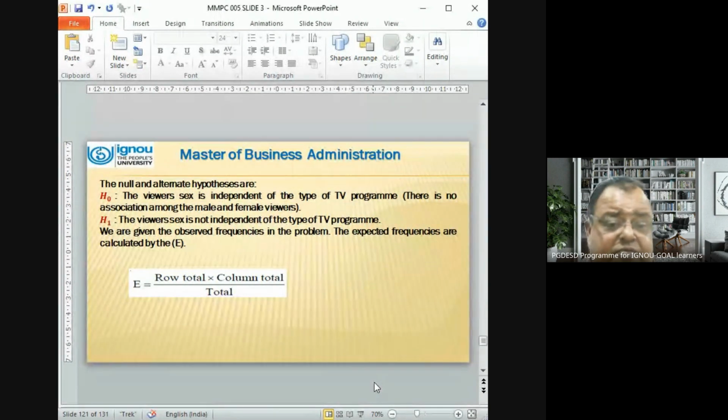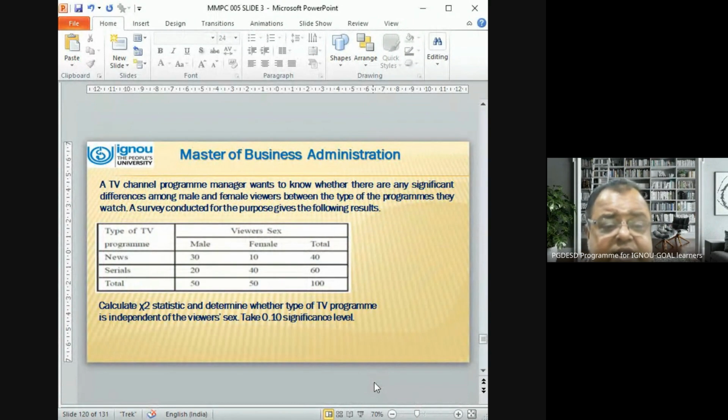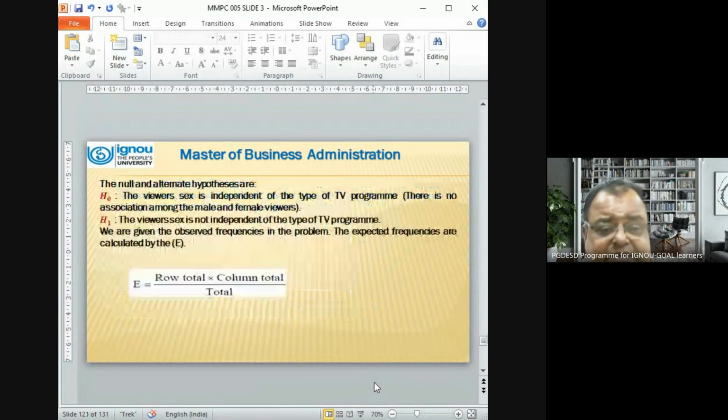Now, here you can see that we are given 4 pieces of information. That means 2 are related to news and serials, and 2 are in terms of their sex, that is male and female. So in that case, we have to calculate expected frequency, because probability can only be found out when we know the actual number of frequency.